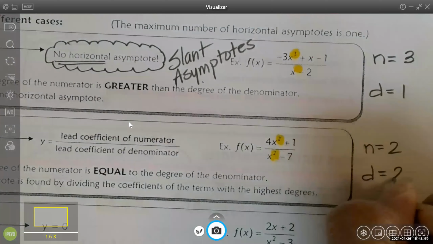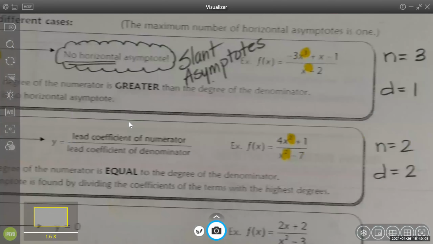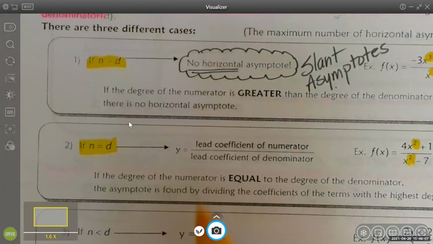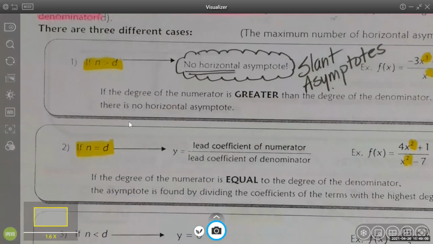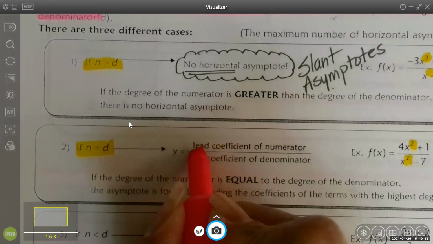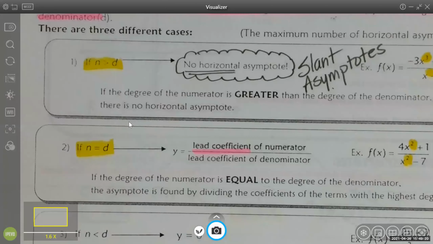When they end up equaling one another, what you're going to do is find the lead coefficient, okay? So I'm going to use a pink here. Lead coefficient.